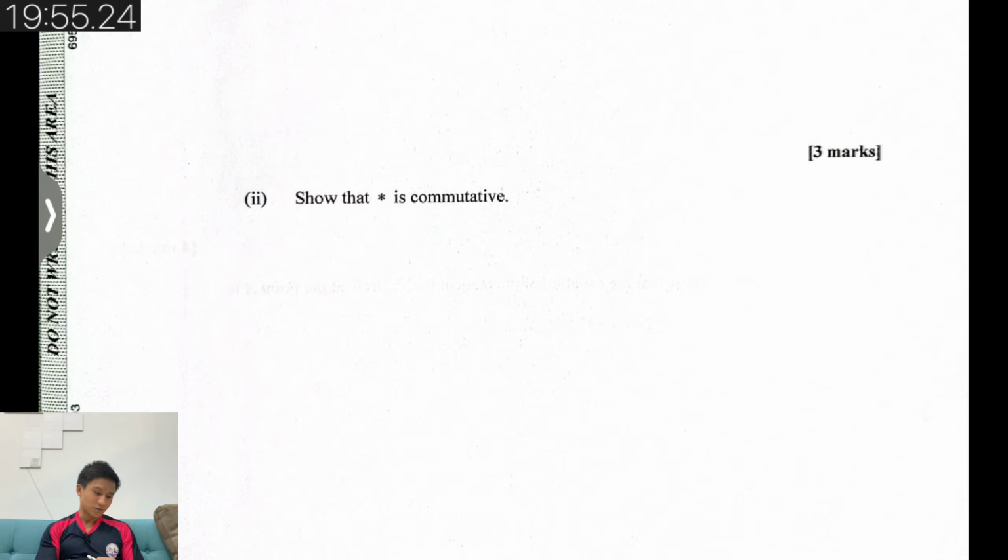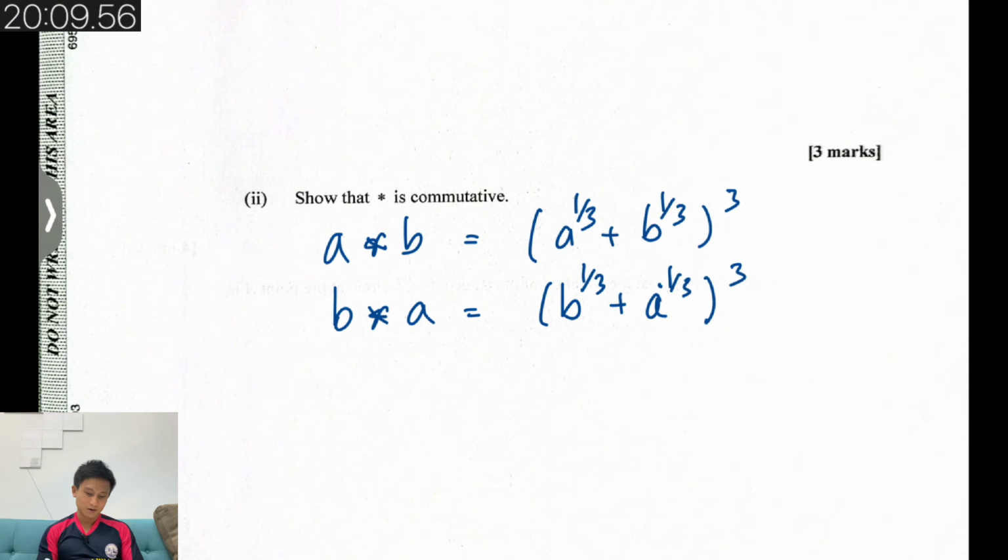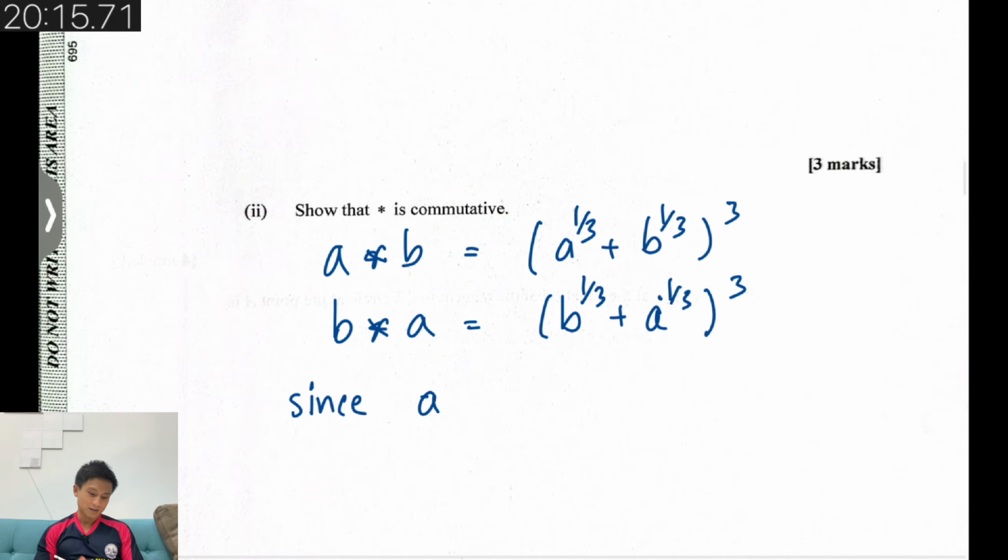So we're just going to say a asterisk b equals a to the third plus b to the third, to the power of 3, and b asterisk a is b to the power of a third plus a to the power of a third, to the power of 3, and then we say since. It's probably too easy, I'm not sure. 3 marks, I don't know. This is the first time I do this paper, so I've never taught this paper, never seen it before, first time, really.